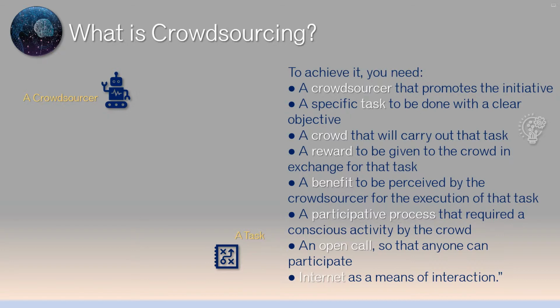Now we have the crowd. They are individuals that we can find in groups of learners, communities of practice, organizations, and more. Then a reward. It's a motivator that we give to the crowd in order to respond to the open call.